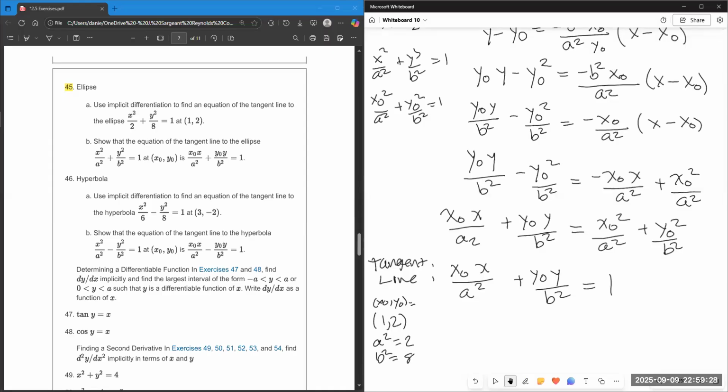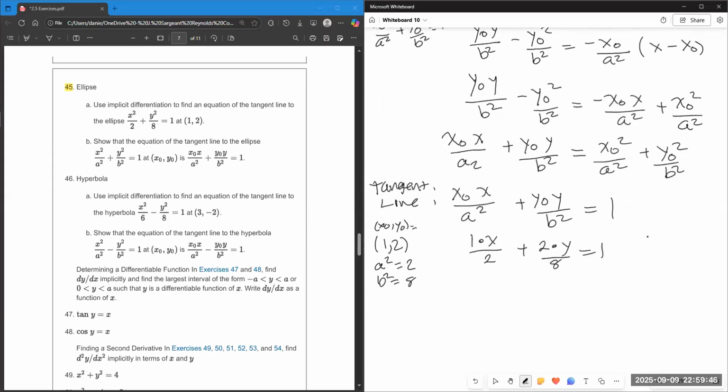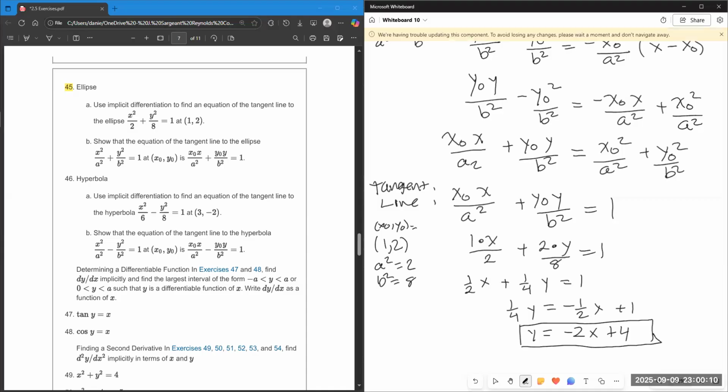So let's make those substitutions now. 1 times x over 2 plus 2 times y over 8 is equal to 1. That gives me 1/2 x plus 1/4 y is equal to 1. 1/4 y is equal to negative 1/2 x plus 1. y is equal to negative 2x plus 4. And there's my tangent line that I had for part A.